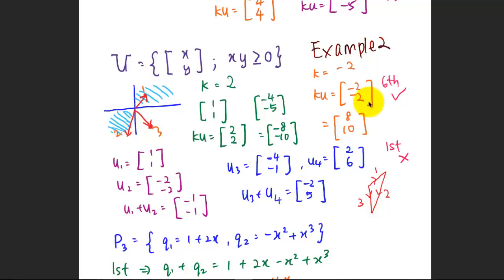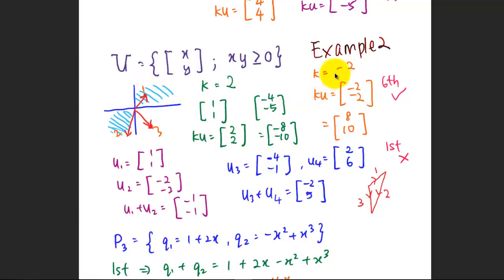So now let's try with the sixth axiom first. I can assume that the scalar can be a positive or a negative value, and I can randomly pick one member from the first quadrant and one member from the third quadrant: 1, 1 and -4, -5. When I multiply with the positive scalar, I get new members which are still within these two regions.